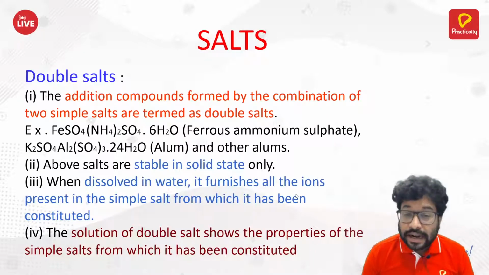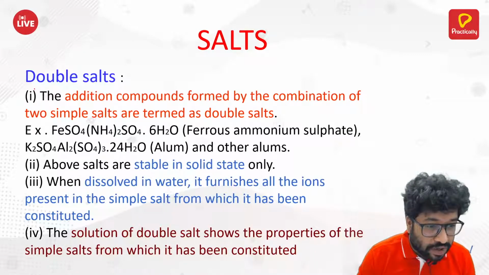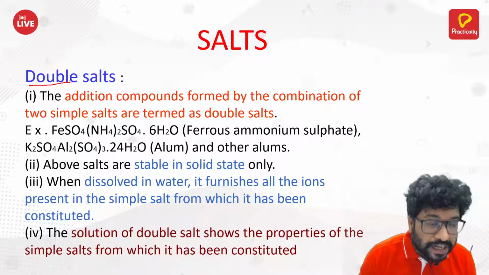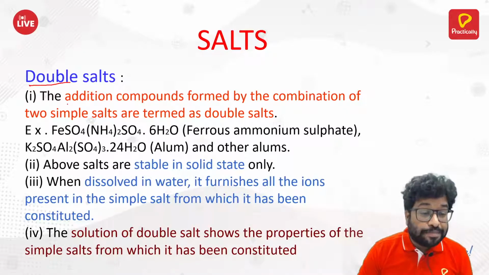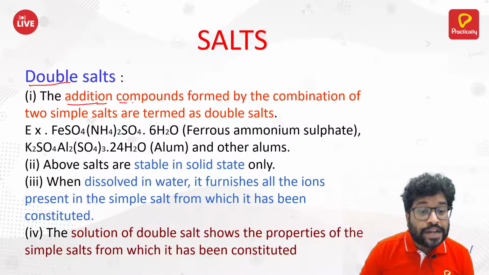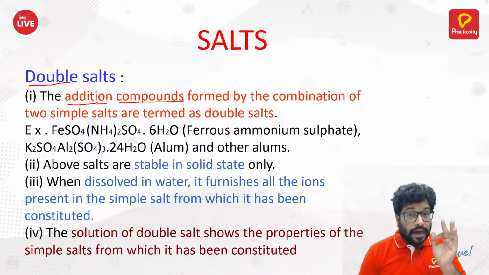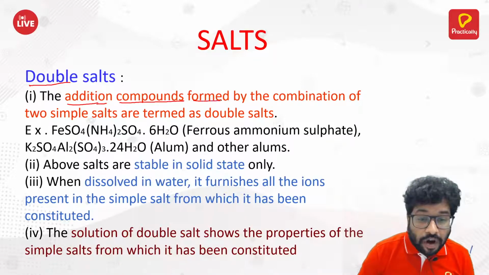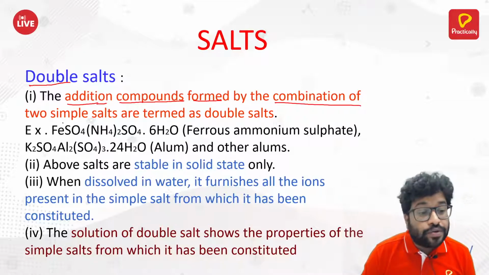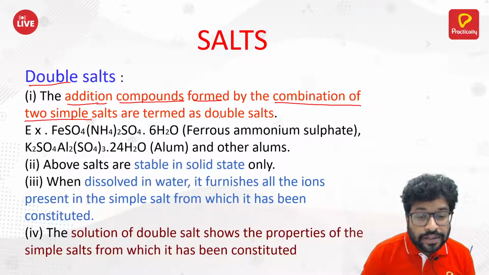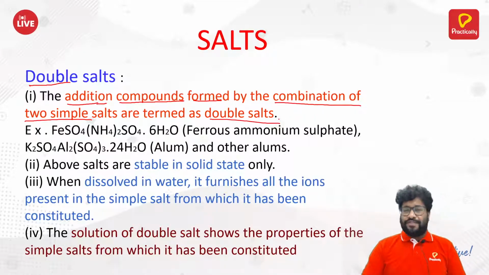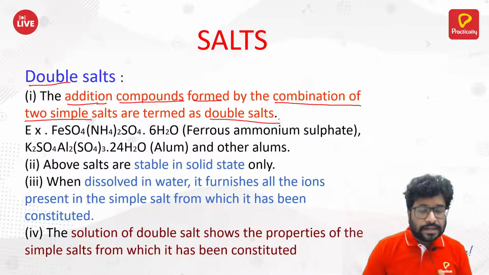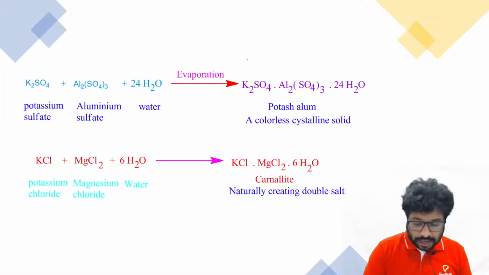Next part is double salts. Now what is a double salt? As the name suggests, double salts are basically addition compounds formed by the combination of two simple salts. For example, see how these salts are made.